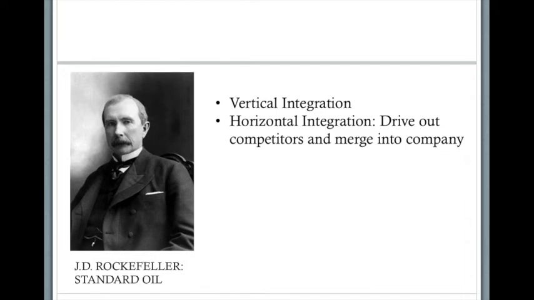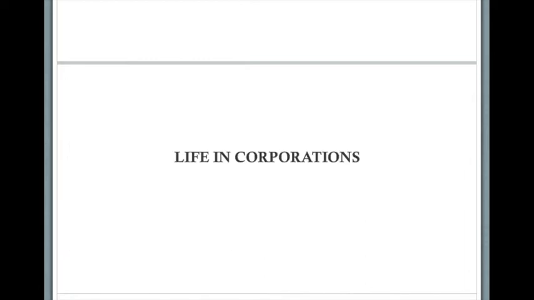So in other words, they're eliminating the competition. Standard Oil will control 90% of the nation's oil. So like Carnegie, Rockefeller is going to become a very wealthy man. So what was life like in corporations?